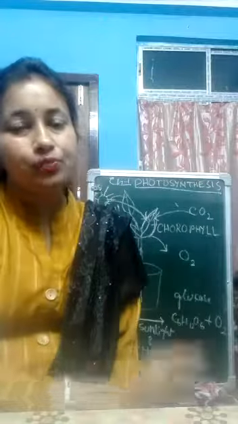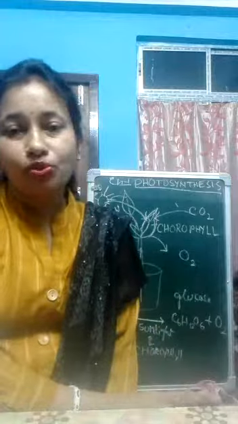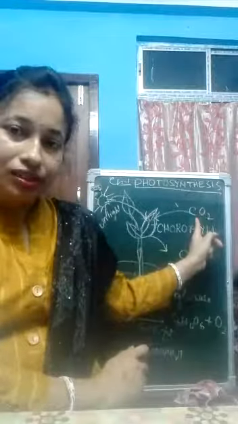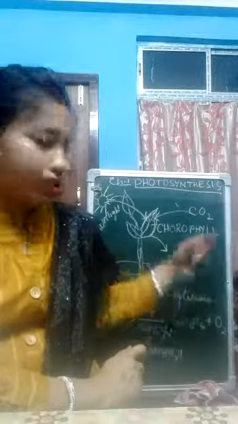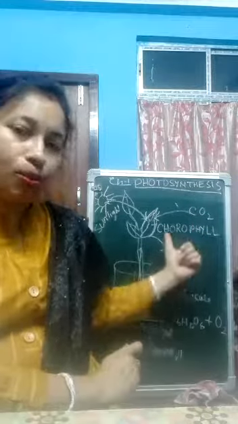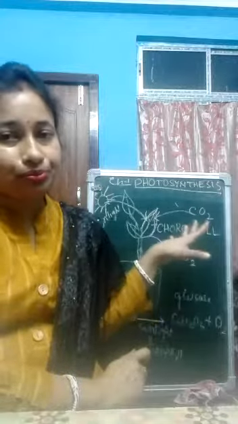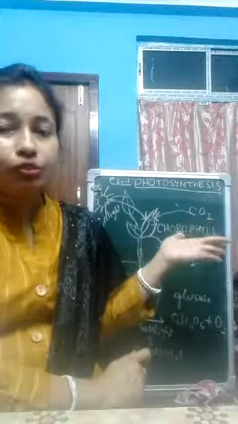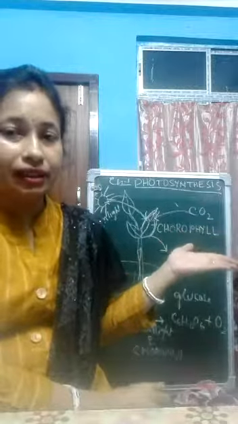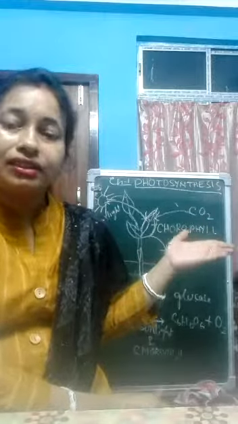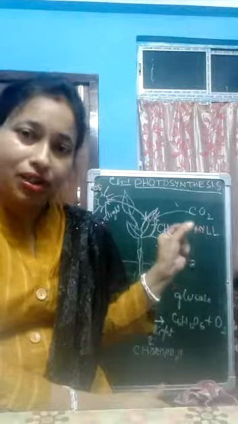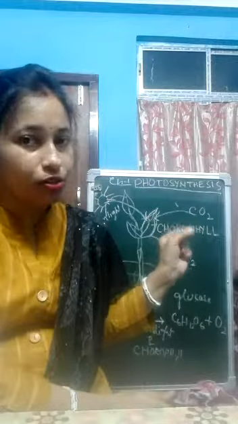So what is photosynthesis? Photosynthesis is the process by which plants make their own food by using carbon dioxide, which they take from the surroundings, and water absorbed from the soil. So what does it do? Leaves of the plants are green in color. This green color is due to the green substance present in the leaves, which is called chlorophyll.